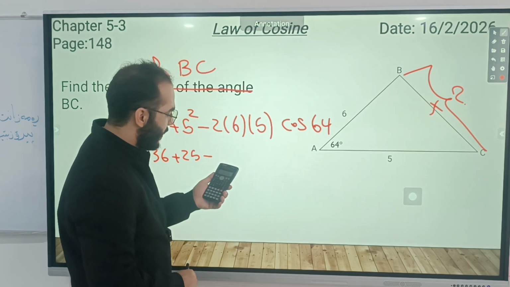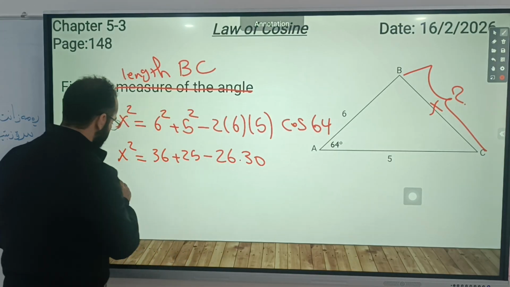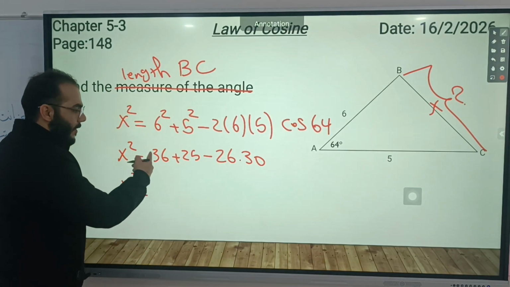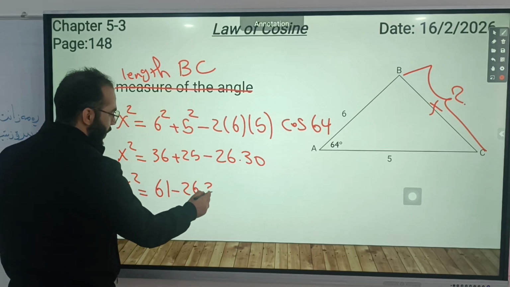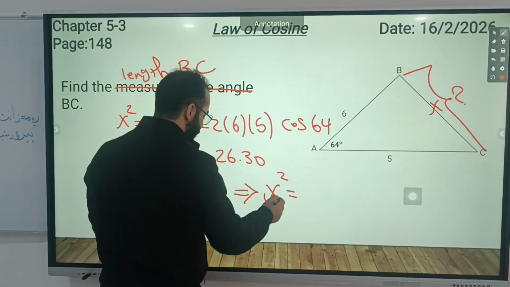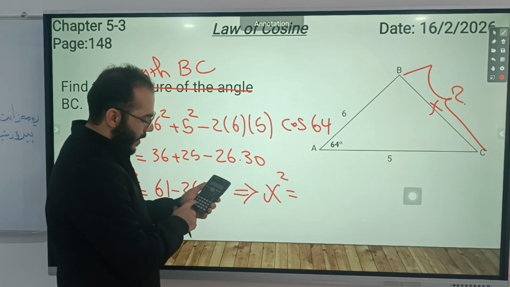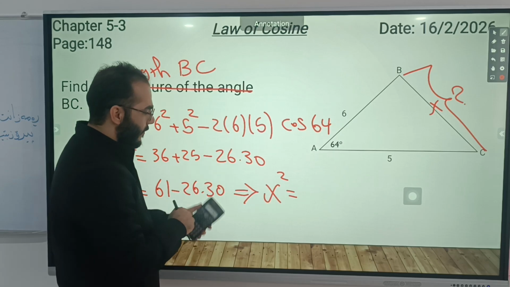It's going to give me 26.30. Now finally, x squared equals 36 plus 25, which is 61, minus 26.30, so at the end x squared equals 34.7.